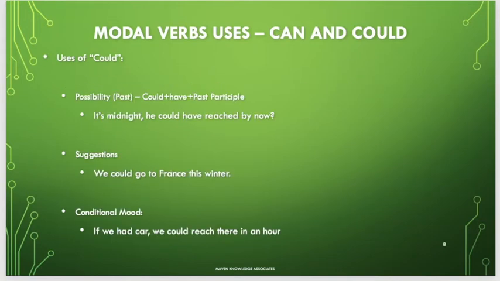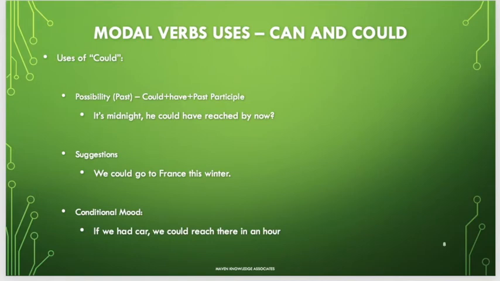Then possibility. In the case of can, we were referring to present activity, present action in case of possibility. But in the case of could, the possibility would be for the past, and it is usually used as could have plus past participle. It's midnight.